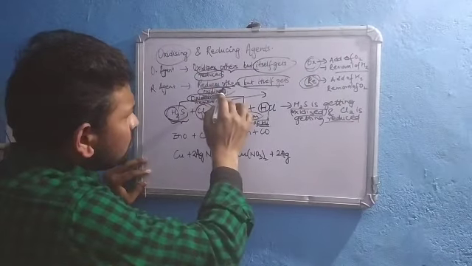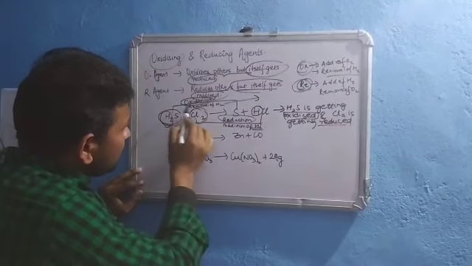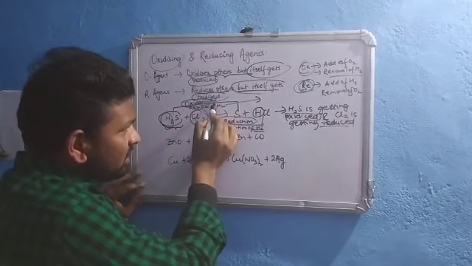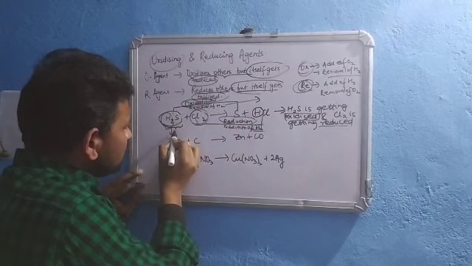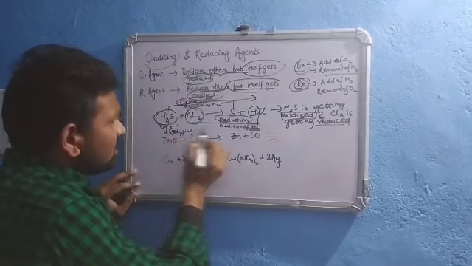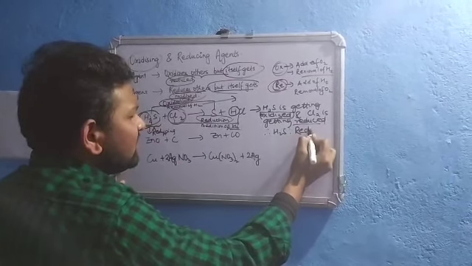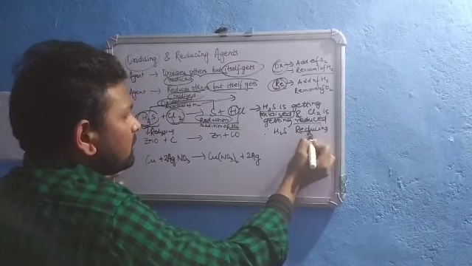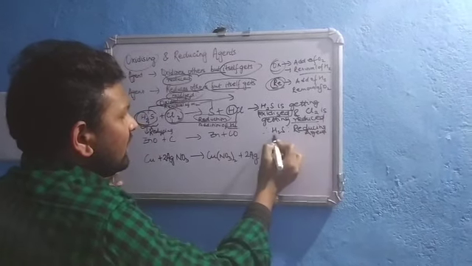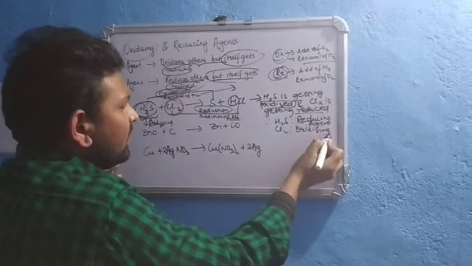Similarly, reducing agents are those which reduce others but itself gets oxidized. So you can see H2S is undergoing oxidation, so this becomes a reducing agent. Therefore H2S is a reducing agent and Cl2 is your oxidizing agent.